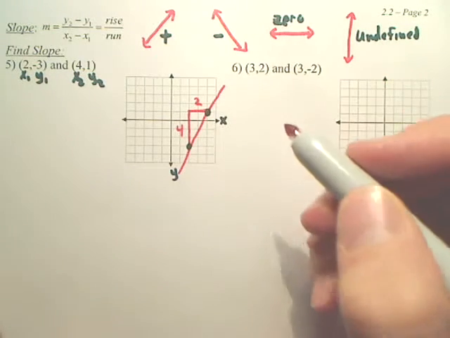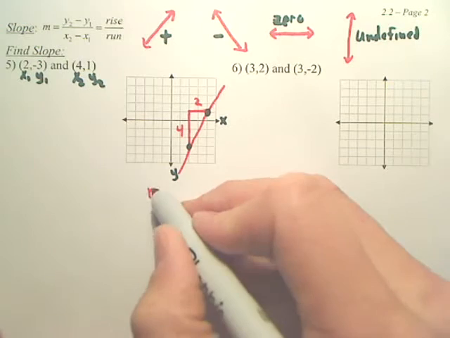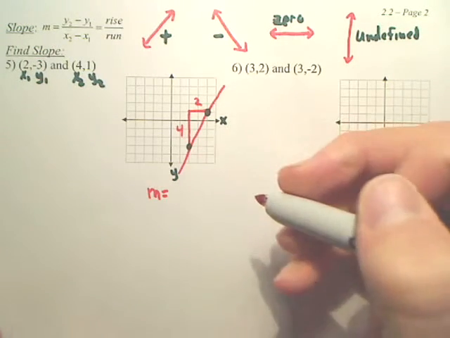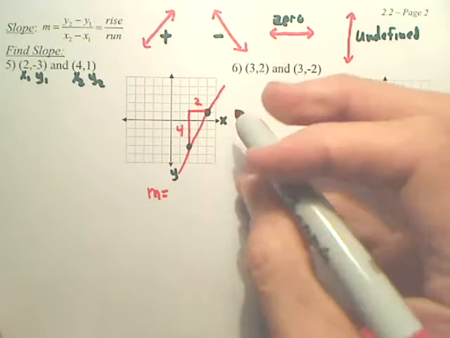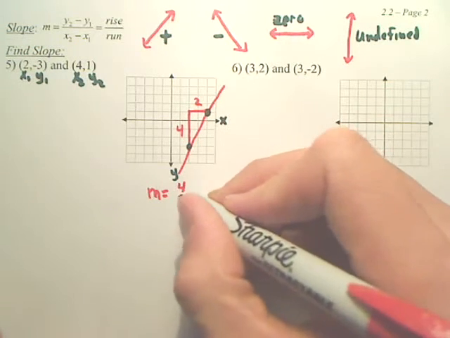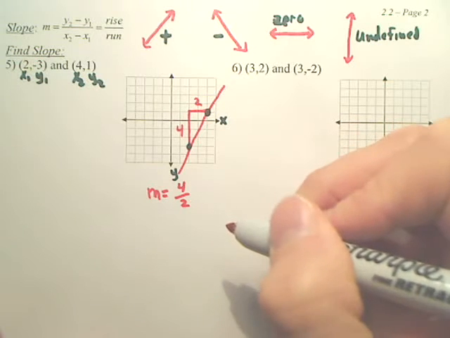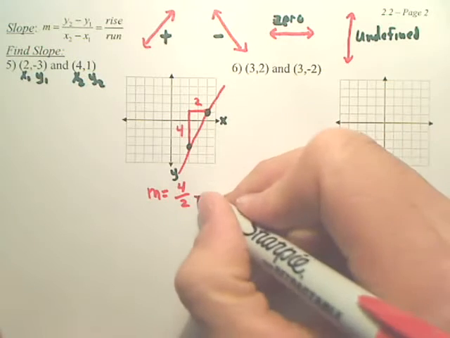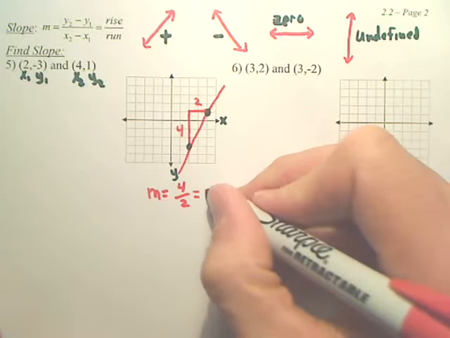It's a positive slope, right? So can you tell that your m by the graph, is it 2 over 4 or 4 over 2? It's rise, or y's, over x. So it's rise over run. And is it positive or negative? Is it uphill or downhill? Uphill. So what's my slope? 2.